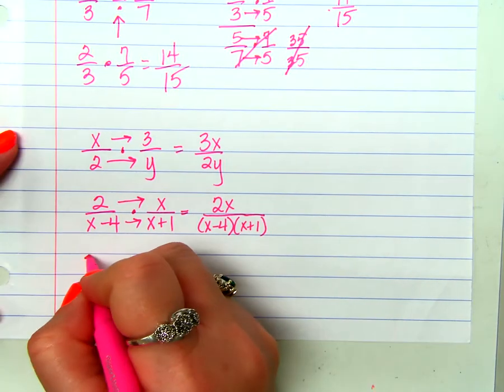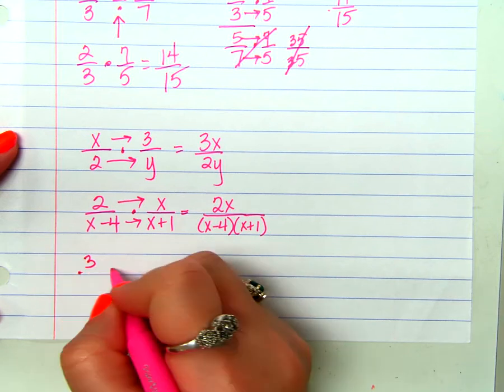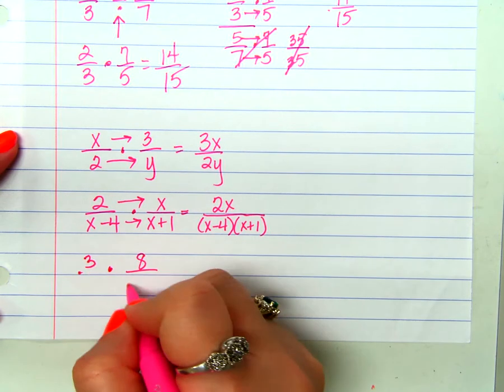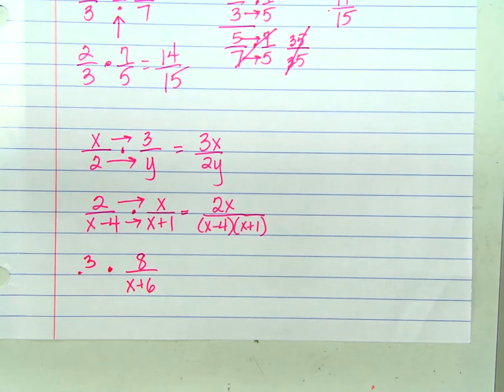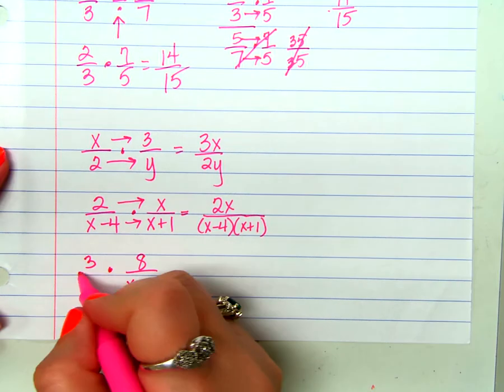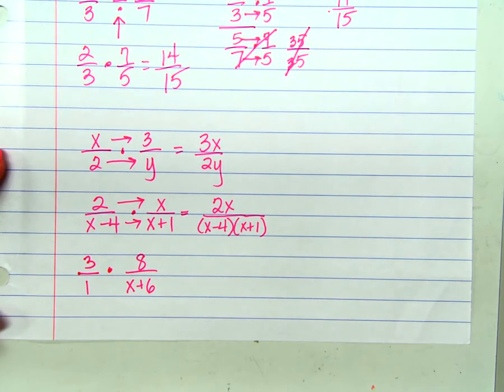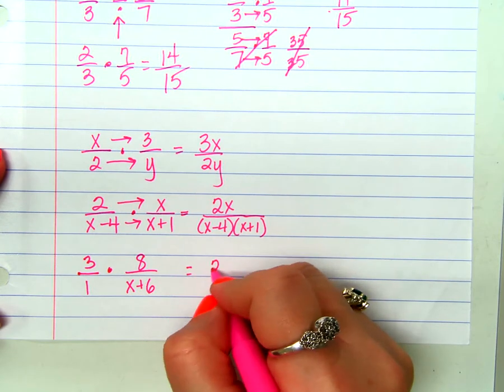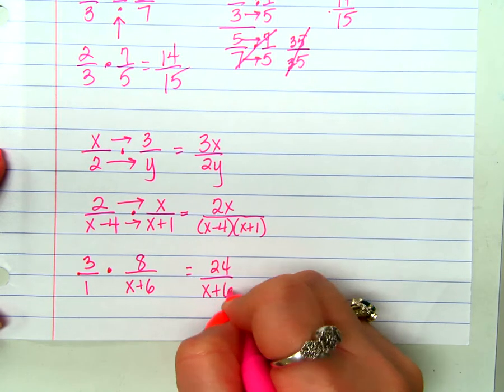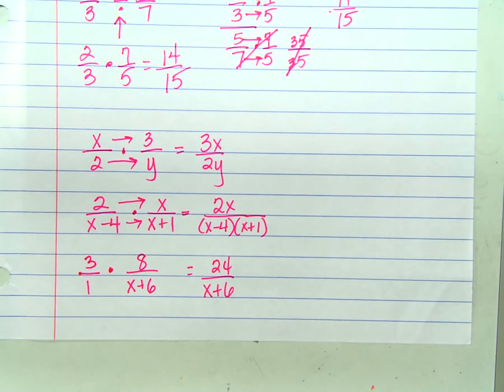What about this? I'll give you a hard one. Oh my gosh, it's the same as 3 over 1, isn't it? And then that's the same as 24 over x plus 6. Oh my gosh.